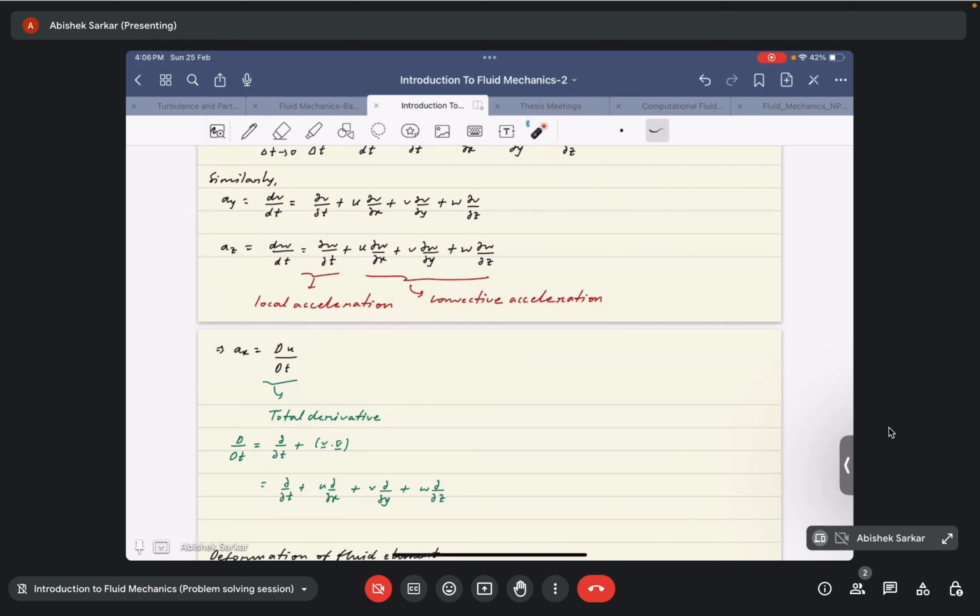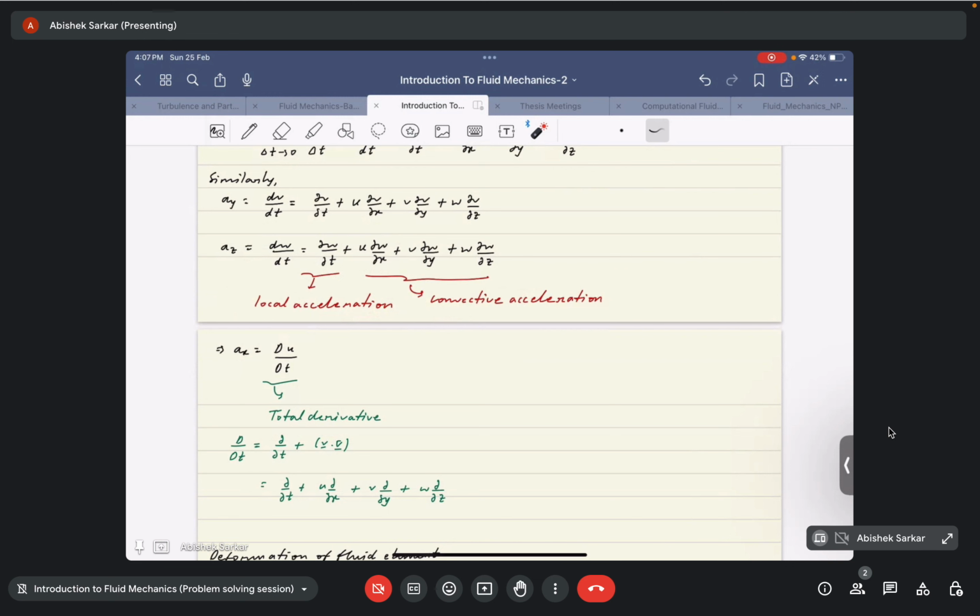This change in temperature because of a movement through the cave, which itself has different gradients of temperature, is known as the convective derivative, or convective change in the flow parameter, because convection itself means a mass movement of particles.